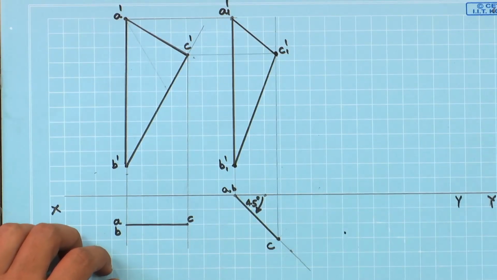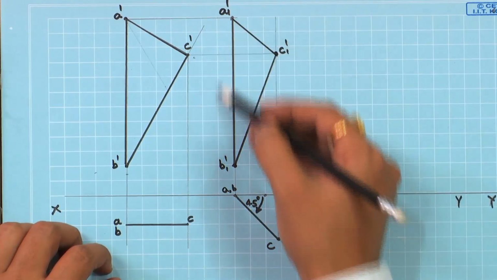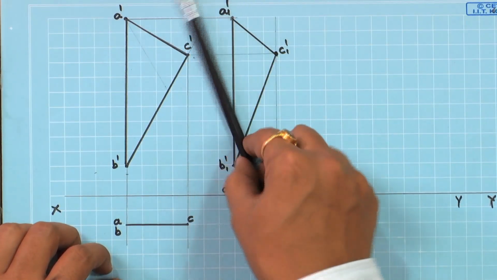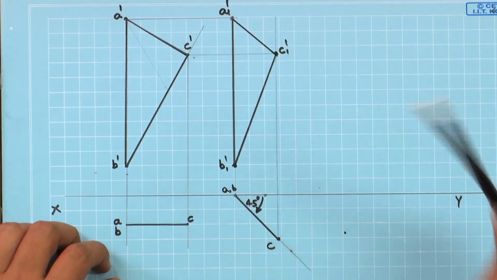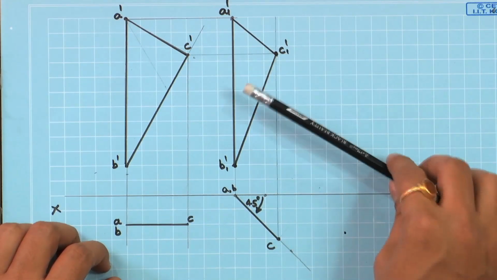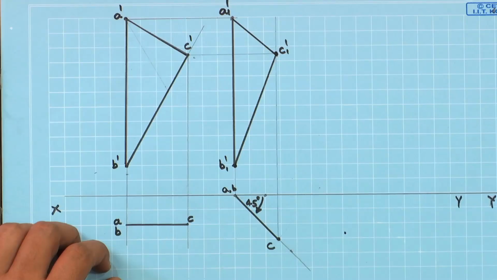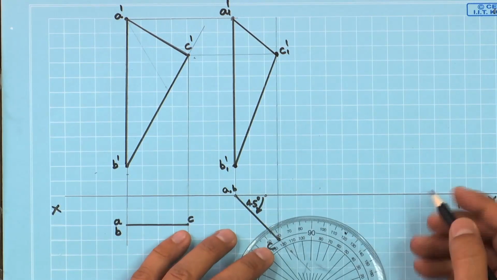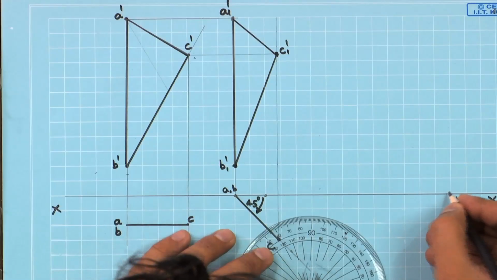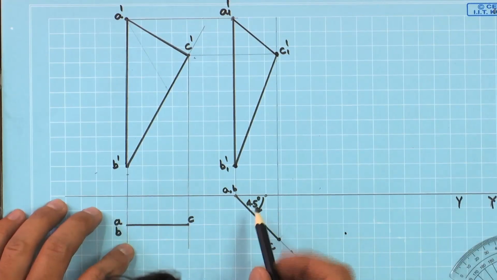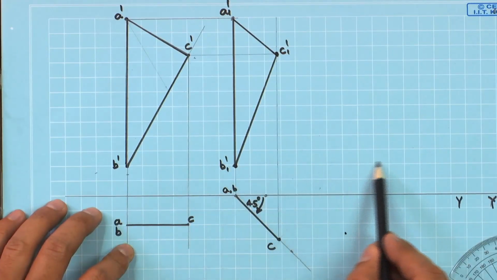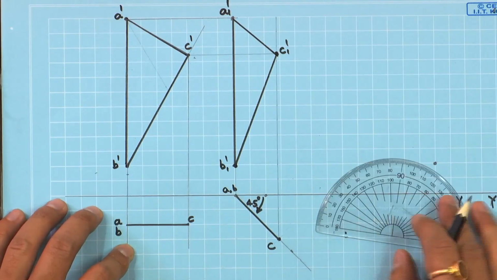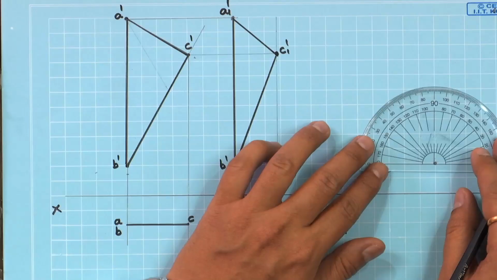Now, this entire object A1C, A1B has to be made into a 30 degree angle. So, what we will do is, from here we will make a 30 degree angle. Let us consider the extreme point, which is projected onto this line. So, let us assume this is the point. From that point we will make it 30 degrees.